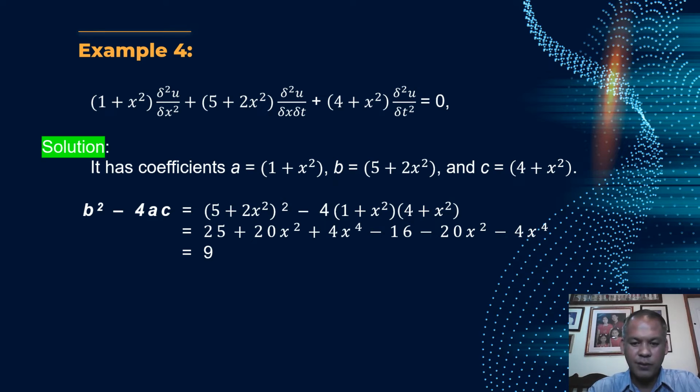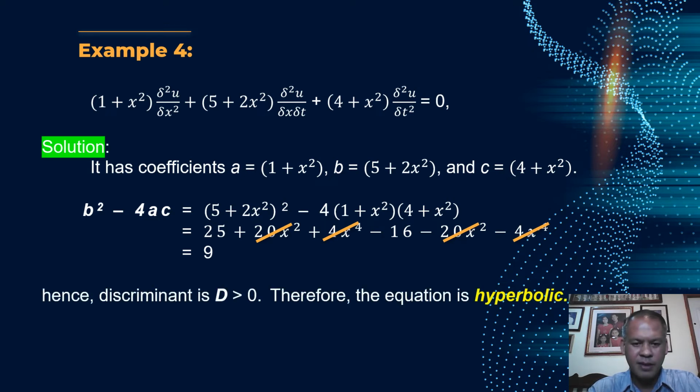If we look at the equation, we can cancel some terms which are additive inverses, such as 20x squared and negative 20x squared, and also 4x to the fourth and negative 4x to the fourth. So, as a result, we have 9. Now, since the discriminant is 9, which is greater than 0, therefore the equation is considered to be hyperbolic.